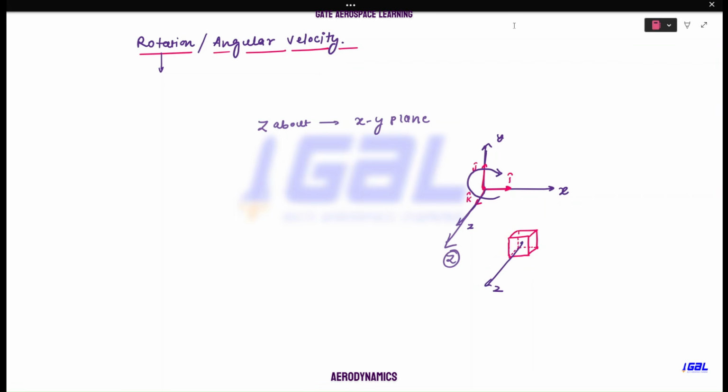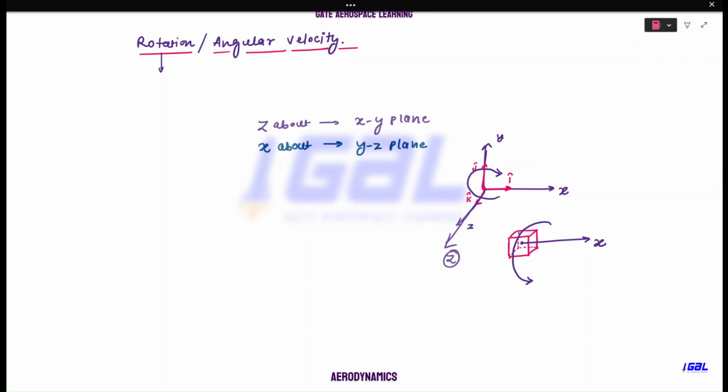Similarly, try to understand in this way. Now let's say your fluid particle is rotating while flowing. Okay, it is not stationary, while flowing I'm saying. Let's say this is the x-axis. Now it is rotating about the x-axis and it is rotating in the yz plane, this kind of rotation is present. That means, I hope you can imagine, when you say about the x-axis, your fluid particle will be rotating in the yz plane.